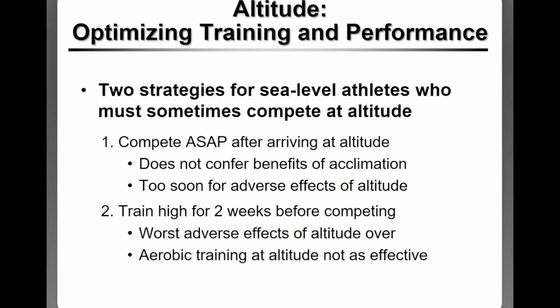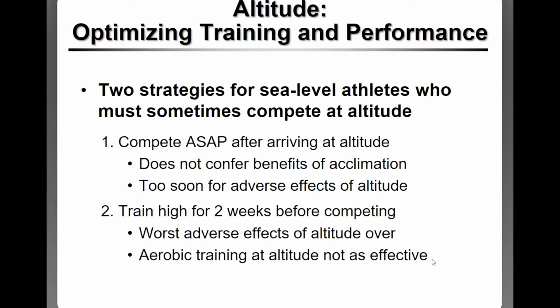Training high for 2 weeks before competing will allow the athlete to overcome the most severe symptoms of acute mountain sickness. But again, they're going to have to be working their way up from possibly, most likely, being dehydrated from being sick, working back up from a negative nitrogen or protein balance because of the reduced drive to consume food, the increased basal metabolic rate, and they need to try and build their plasma volume back up to the same level it was at sea level.